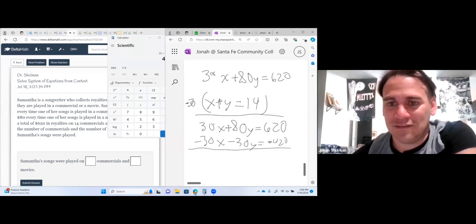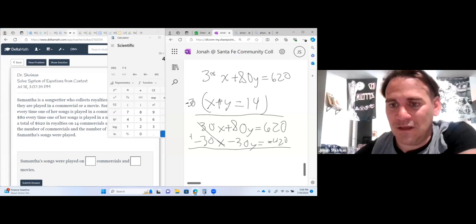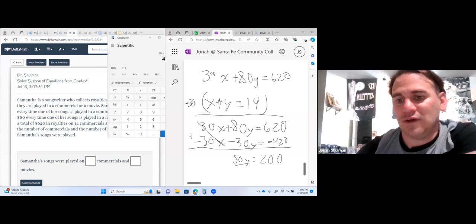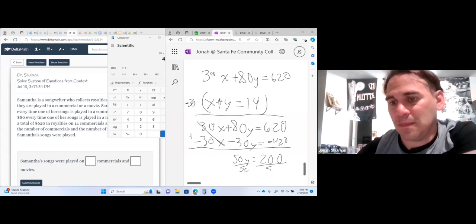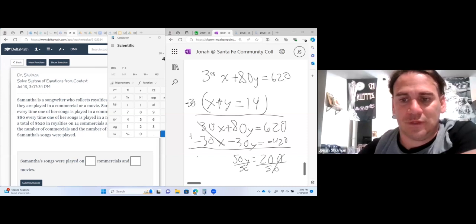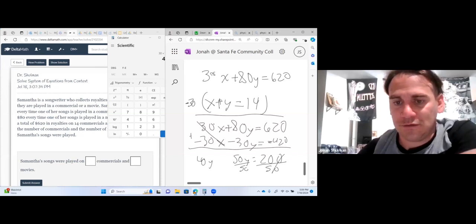When we add them, these cancel. So we have 50y equals 200. Divide by 50. These cancel, and you get 40. That's 40 for what?